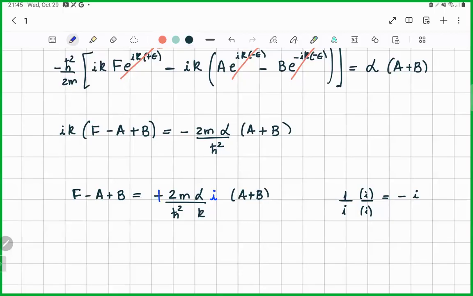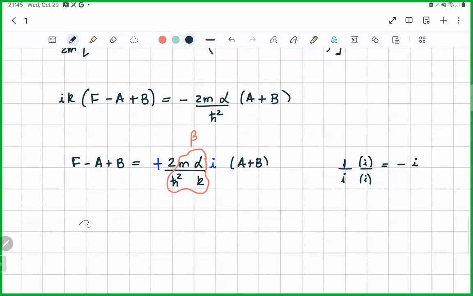Now, the only thing that is a bit annoying is that there are too many symbols in this story: M, alpha, H bar. Let me combine them all in a single symbol so it gets easier to write things. All right, so we're almost done.